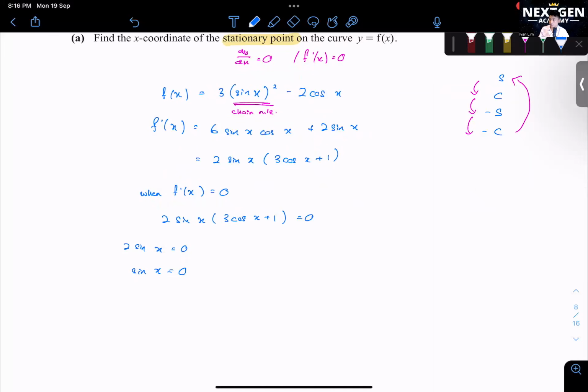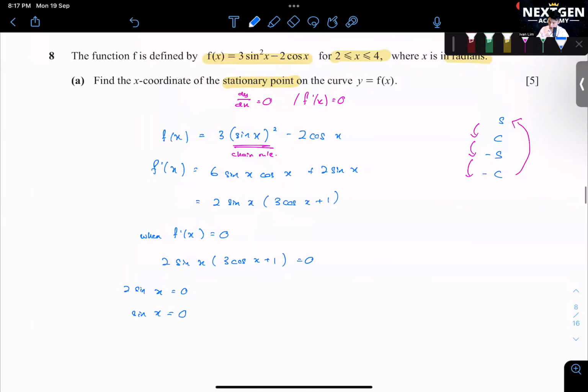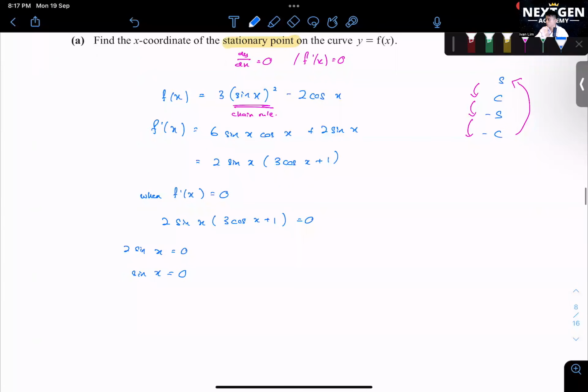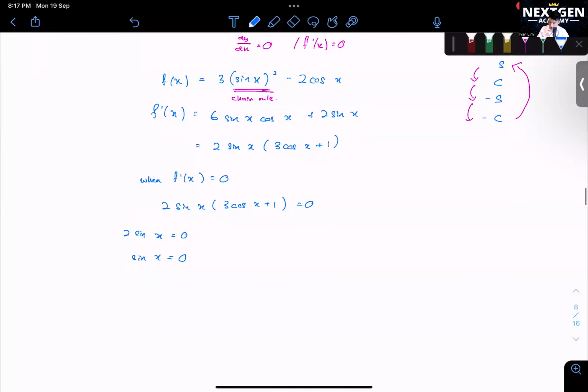Remember your this one, if sine x equals 0. Let's see. They say within 2 to 4 only, right? Within 2 to 4 only. This one, just sketch it up, like that.